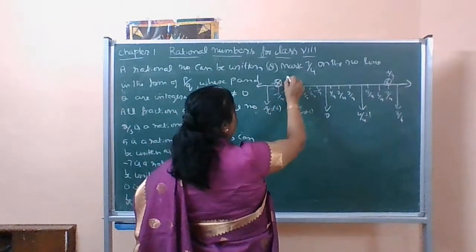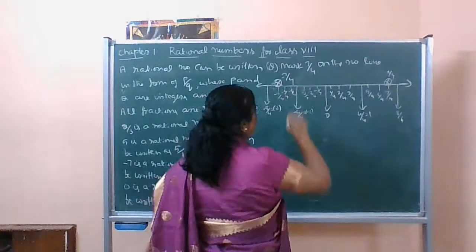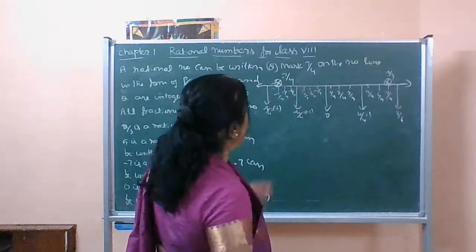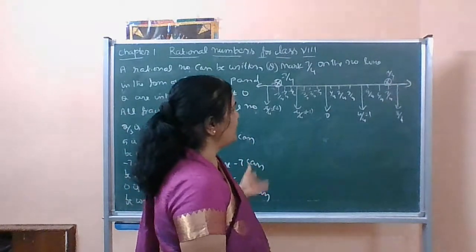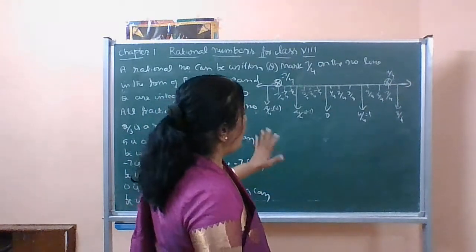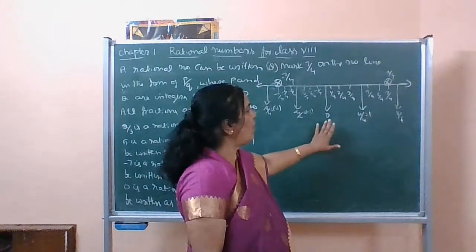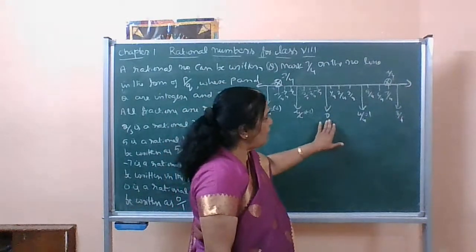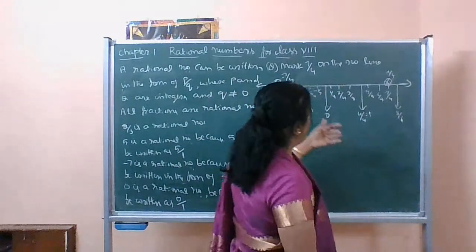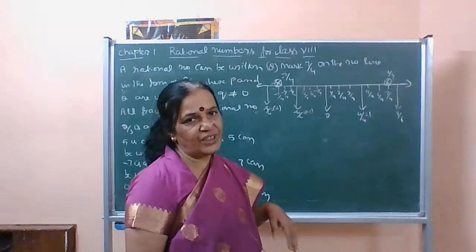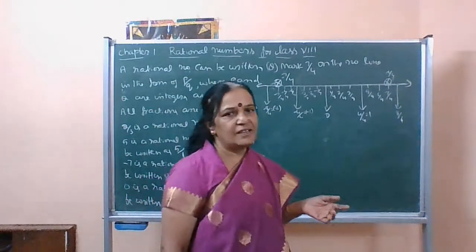That means we have to show both the sides: plus 7 by 4 towards your right side and minus 7 by 4 towards the left side. All positive rational numbers are greater than 0, and negative rational numbers are less than 0.